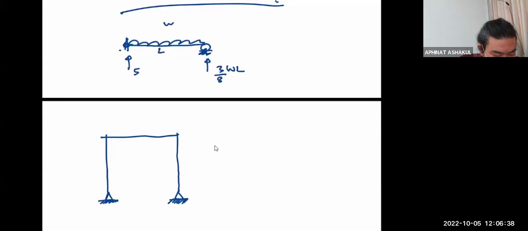Because that's 3/8, so this is supposed to be 5/8. You can never ever solve this kind of structure by, okay, take the moment. It's impossible. And you see, they're not equal anymore. It's 5/8, 3/8. You could never ever obtain this by any other method, other than the methods that can be used to solve the indeterminate structure.